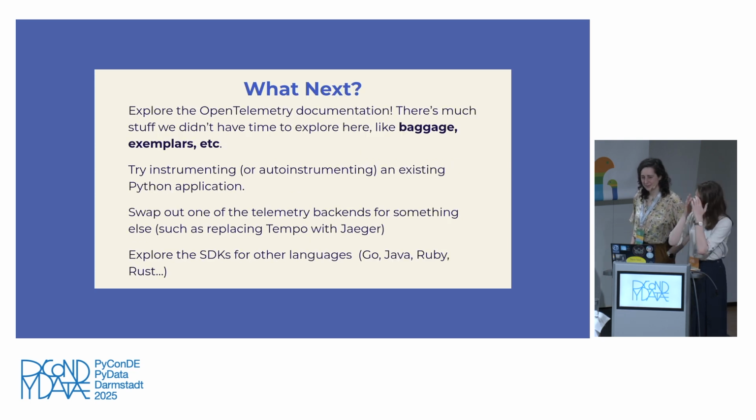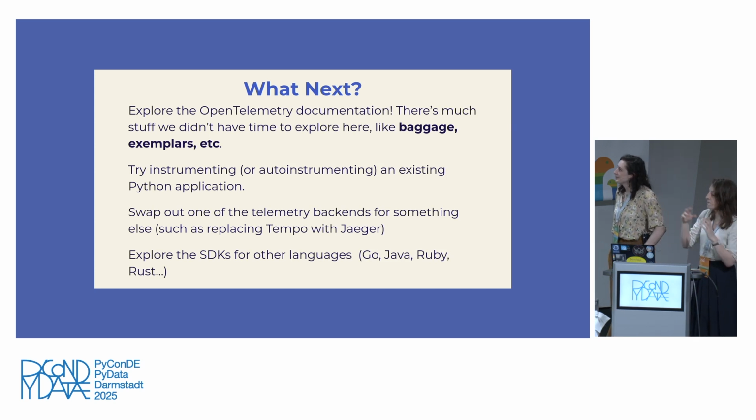So what next? Hopefully, if you have found this interesting and want to explore OpenTelemetry a bit more, we really recommend having a look at the documentation. There's lots of very high-level documentation at the API layer where they discuss very high-level details of what makes a metric, what is a log, how is this handled.